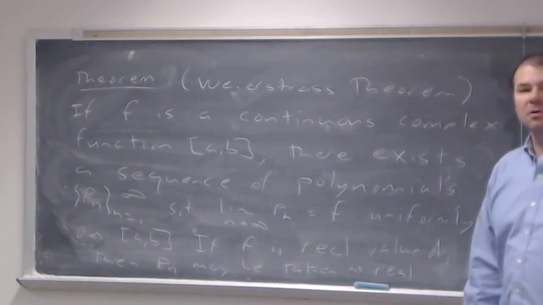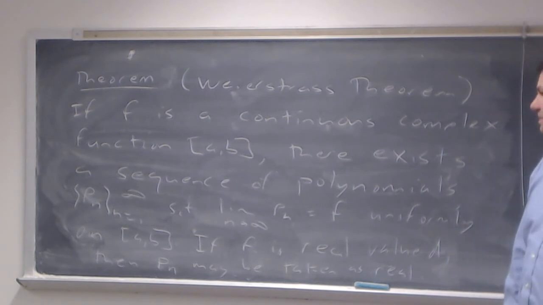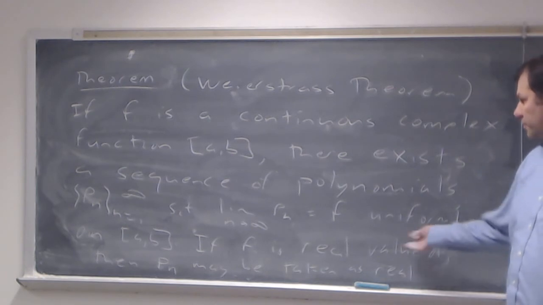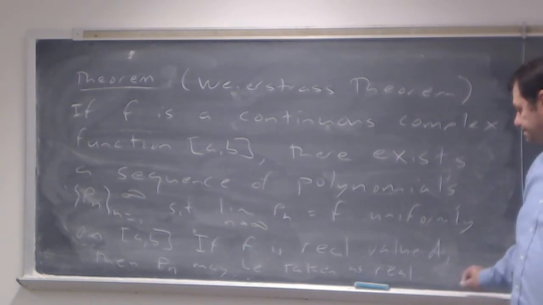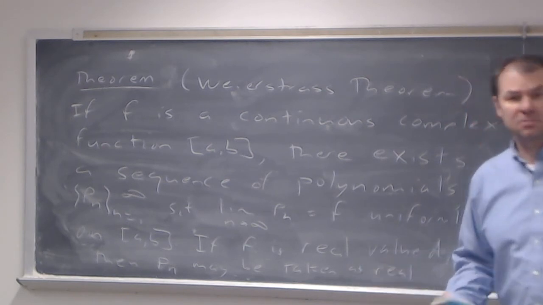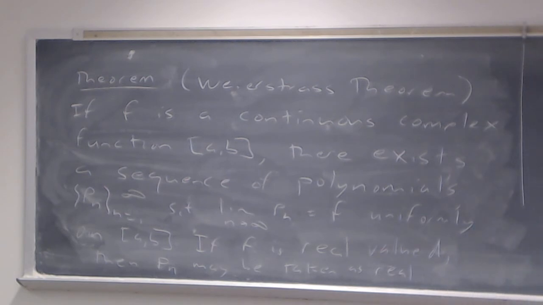That's kind of nice. So we're saying any continuous function can be approximated through uniform convergence by a sequence of polynomials. That's kind of nice. Polynomials are nice to work with.